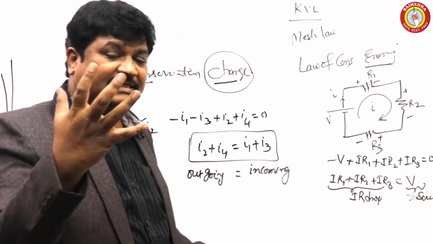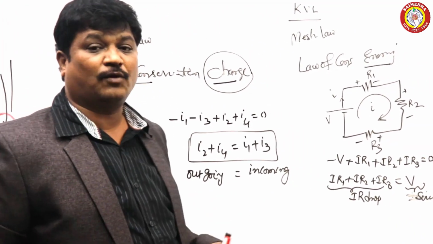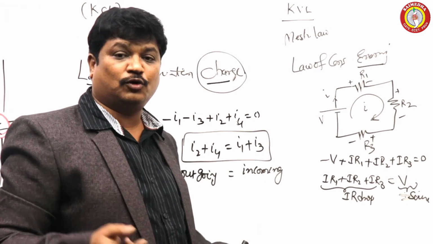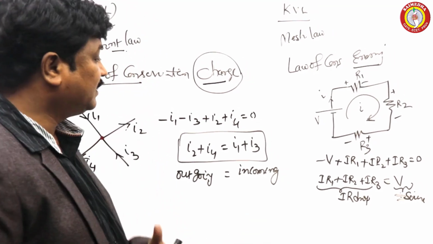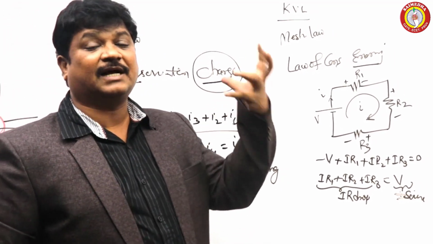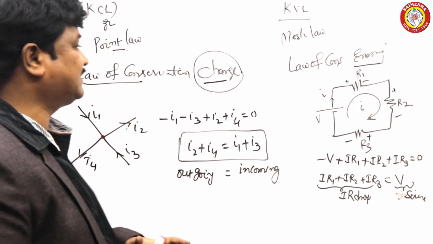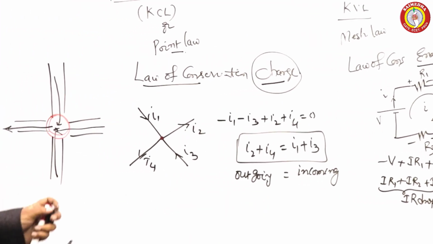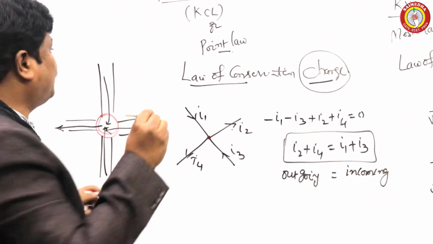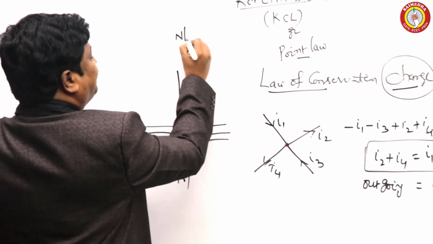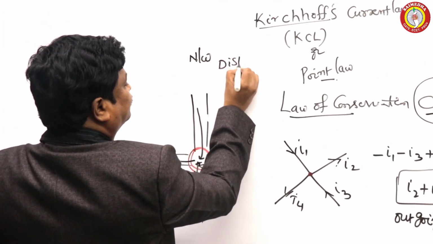Sir, Ohm's law has a limitation. What is the limitation of Ohm's law? Ohm's law is not applicable to nonlinear circuits. Then what is the limitation for Kirchhoff's laws? Kirchhoff's laws limitation is they are not applicable if the network is a distributed network.